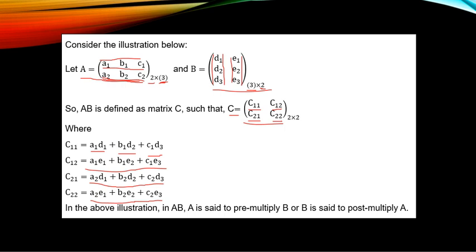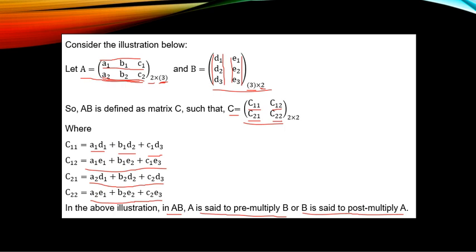In the above illustration, that is in the product AB, A is said to pre-multiply B, or B is said to post-multiply A. So let's take examples and use this illustration to multiply matrices.